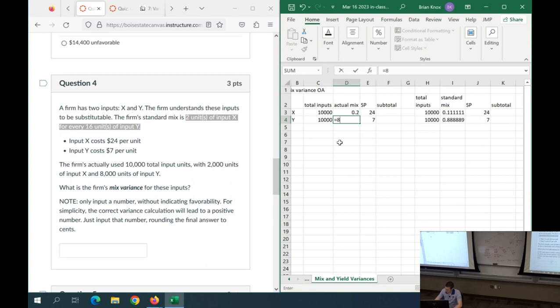And we had 8,000 units of y, that's right here, out of that 10,000 units were y, which means 0.8 of the actual mix is y. We just need to multiply across. Both sides, we're just multiplying all the way across, and then we sum at the bottom of each, and the difference here gives us our mix variance.